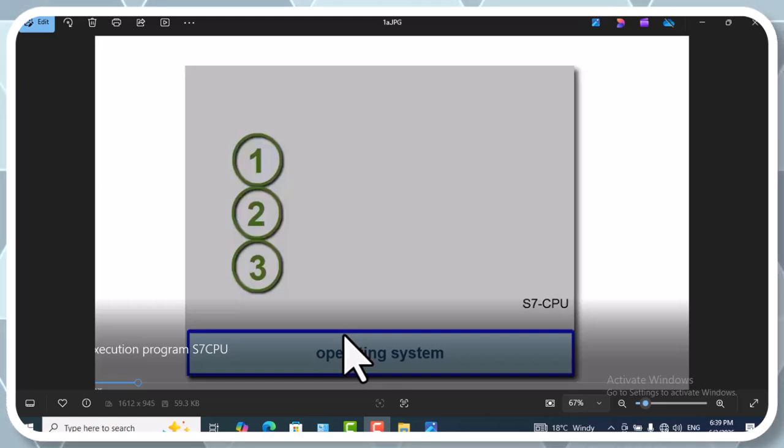If we make a simple diagram, first we have the user programs, then the operating system, and then the PLC hardware.